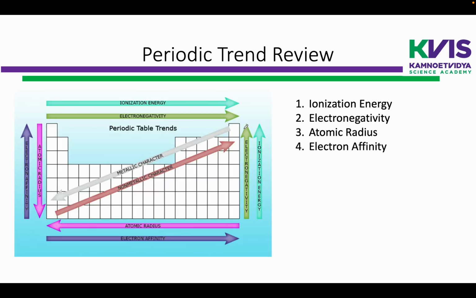So, a few trends that are important to you. One is the ionization energy, right? What does this mean? It means the energy required to remove an electron from an atom. If I remove an electron from an atom, then I calculate the energy required to remove that electron. We call that the ionization energy. This applies to all elements.